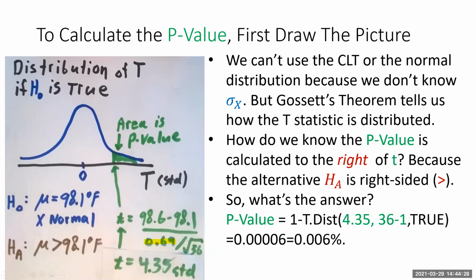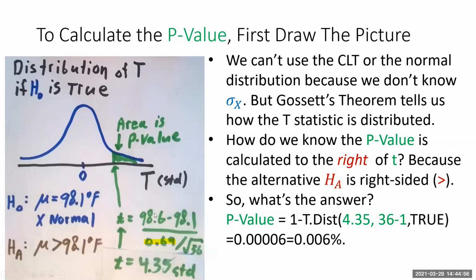You would need sigma to find z, but we're using the sample standard deviation instead of sigma. And so we come up with a new letter. Gossett used the letter T. So that's just the approximately standardized value of the sample mean.